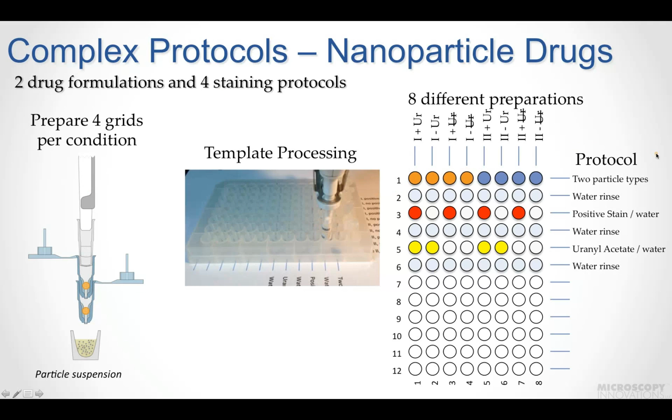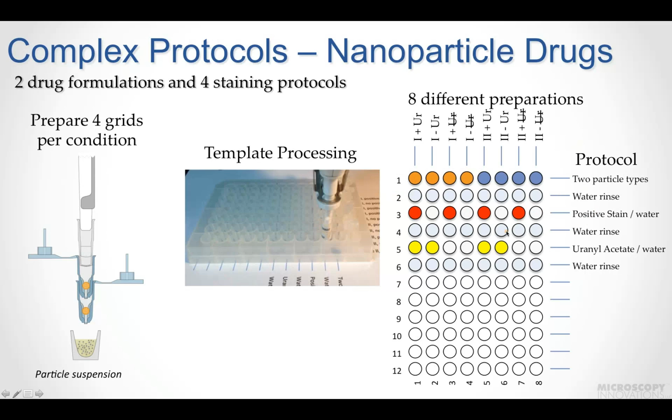So this was the protocol. We have 2 particle types. Half the capsule saw one particle type, half the capsule saw another particle type. These were then adsorbed, and then non-adherent ones were rinsed out by water in all of the capsules. Then we were investigating a positive stain for a particular feature in these nanoparticles. Half the capsule saw the positive stain and half the capsule saw water.